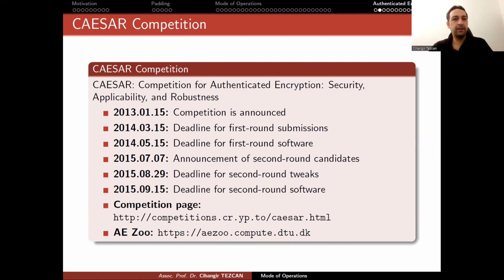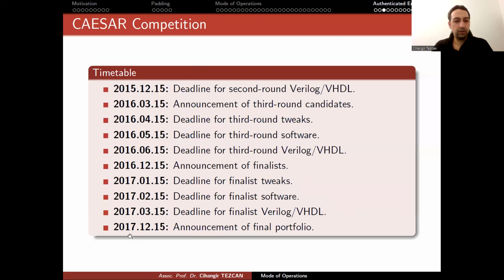So far we had the authenticated encryption competition, which is shortened as the CAESAR competition. This competition started in 2013, and from these web pages you can see how it proceeded. At the end of 2017, the final portfolio of this authenticated encryption competition was announced.